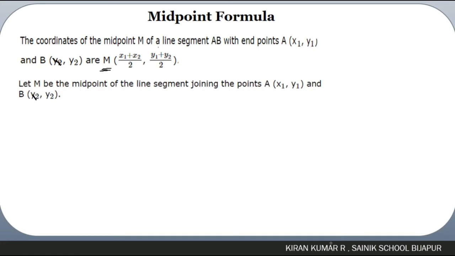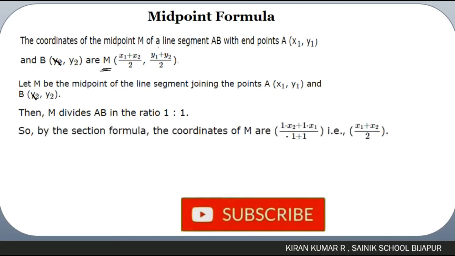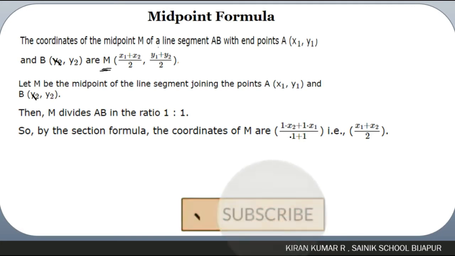Let M be the midpoint of the line segment AB. Since it is a midpoint, it is dividing the line segment AB in the ratio 1:1. So as per the formula, I need to substitute m value as 1, n value also as 1.